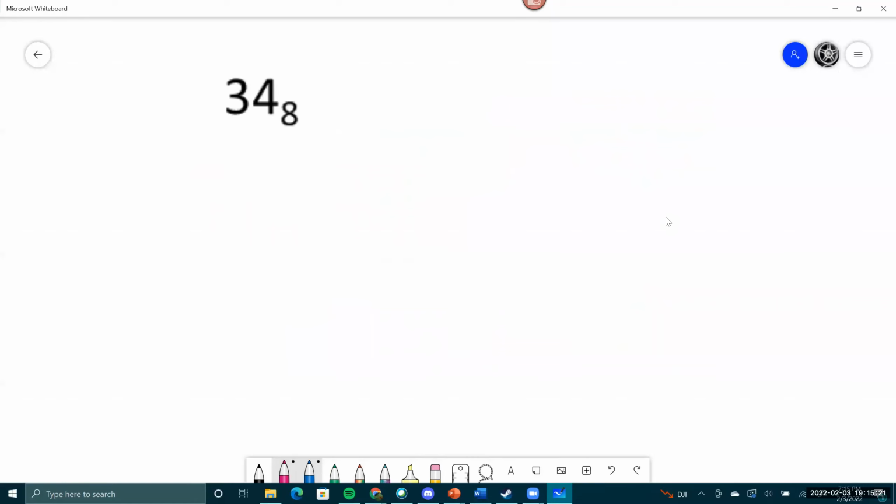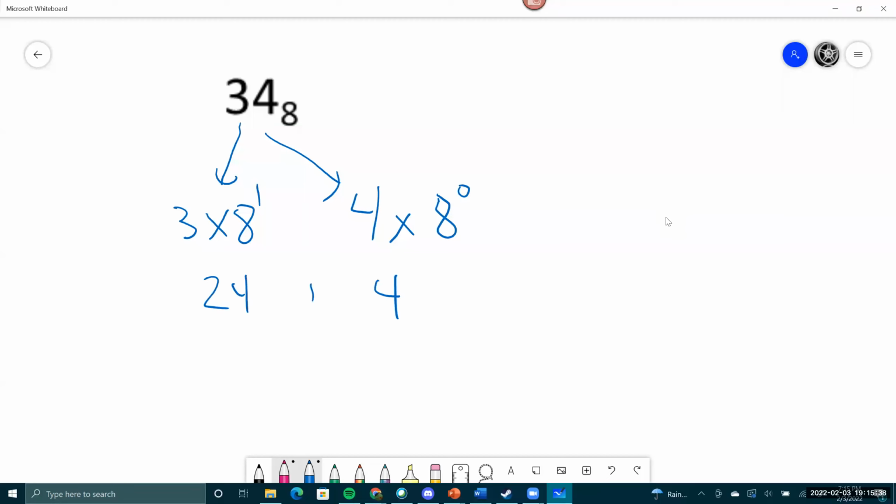So 34 base 8 means this digit is 4 times 8 to the 0, and this is 3 times 8 to the 1. So this would equal 4, and this would be 24. You add them together, 28.